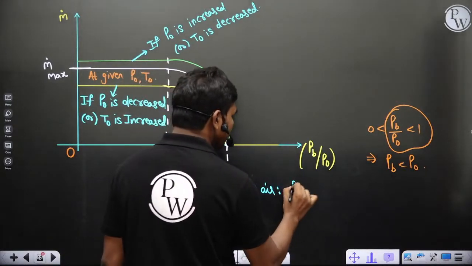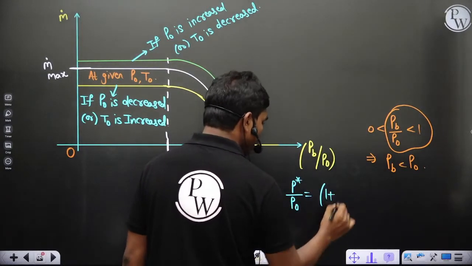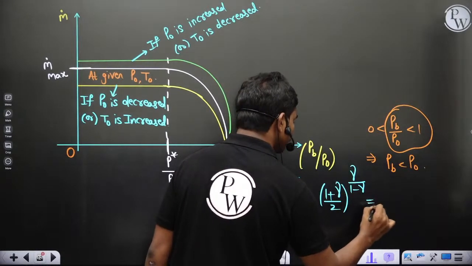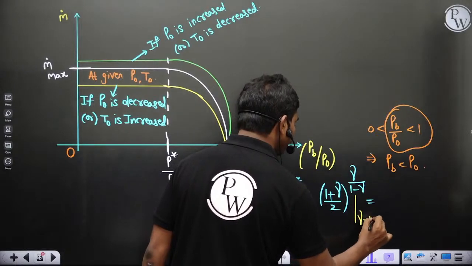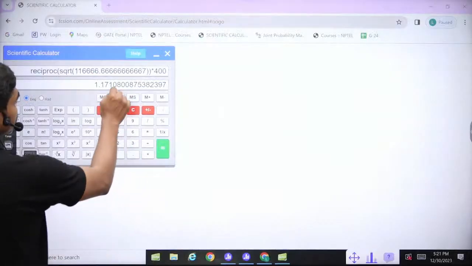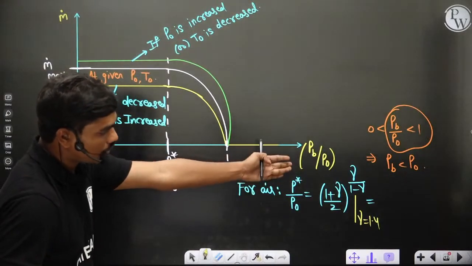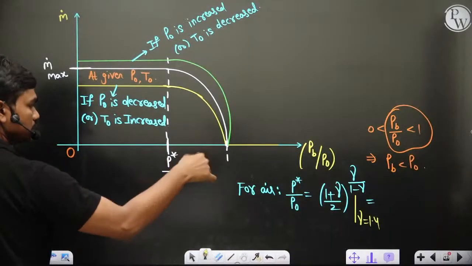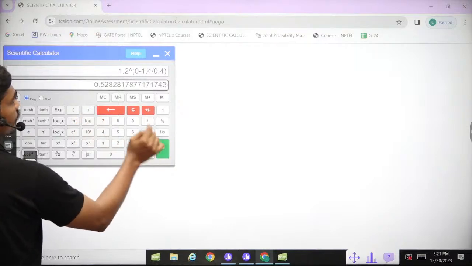We have P star by P naught equal to (1 plus gamma by 2) whole power gamma upon 1 minus gamma, I guess. So if you calculate this value at gamma equal to 1.4, this turns out to be (1.2) power minus 1.4 by 0.4, and I think we got this value 0.528.